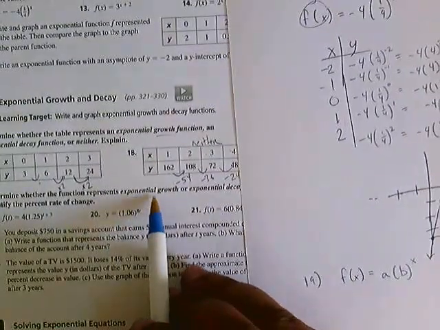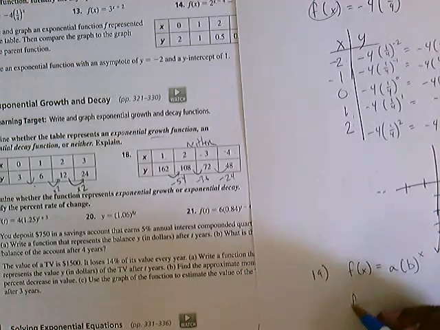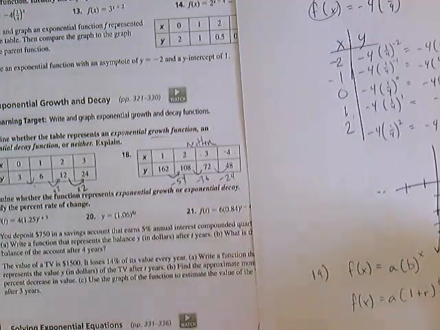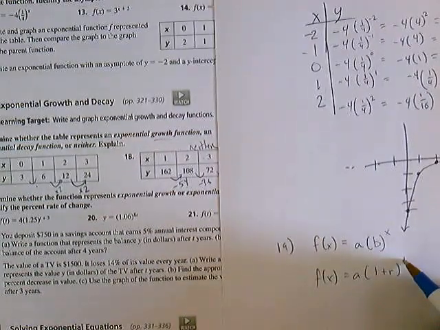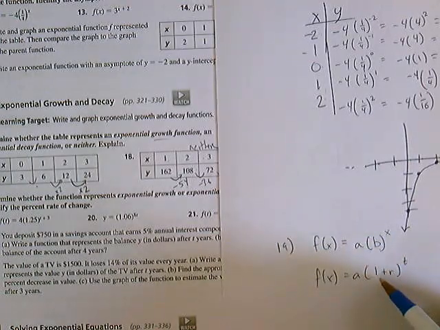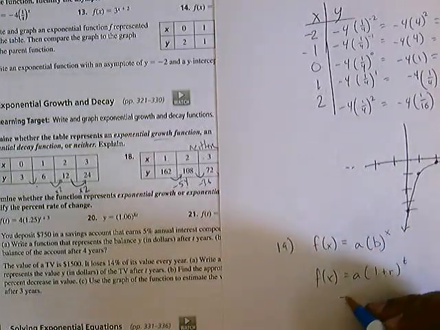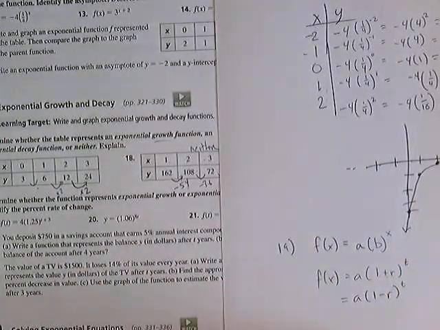When we're talking about exponential growth or exponential decay, this is our formula, where our variable x is now t for time, and our base, the thing that gets exponented, is actually 1 plus however fast the growth is. This is growth. 1 minus the rate would be decay.